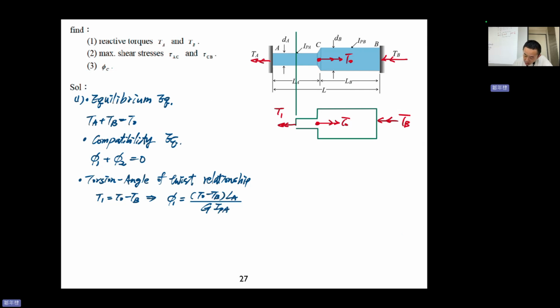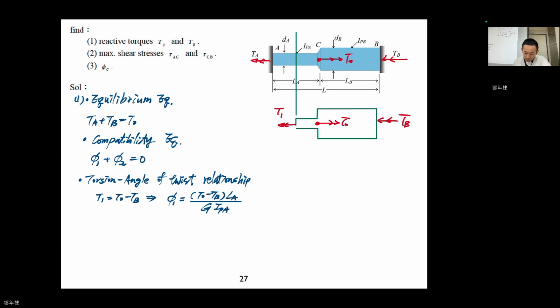You see, here the LA is the section 1 length. We cut here, and we can determine the T1 in this section. Every point in this section has the torsion T1. So T1 times LA, the length, divided by G IPA.